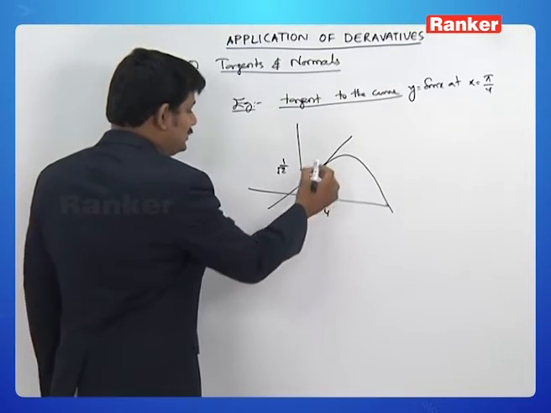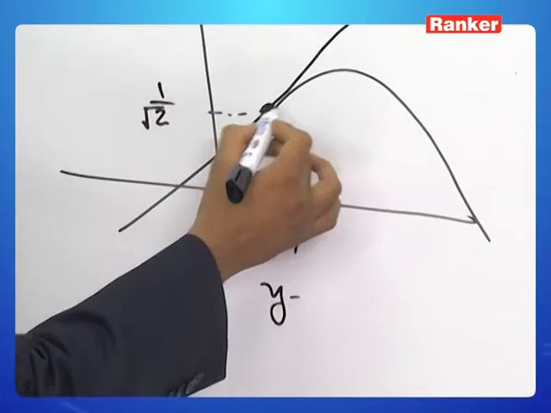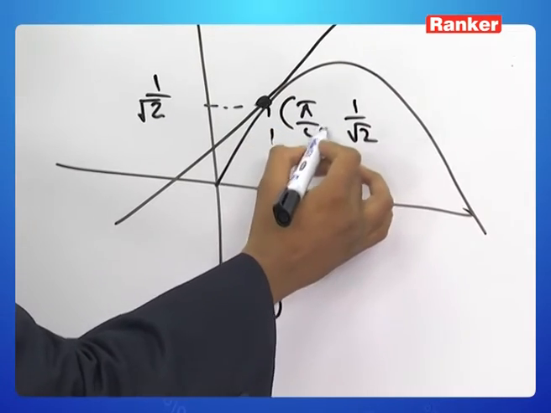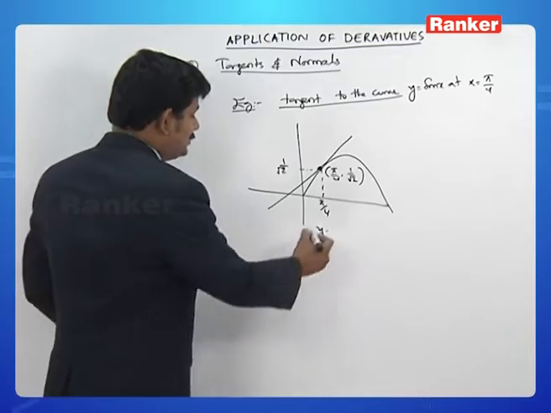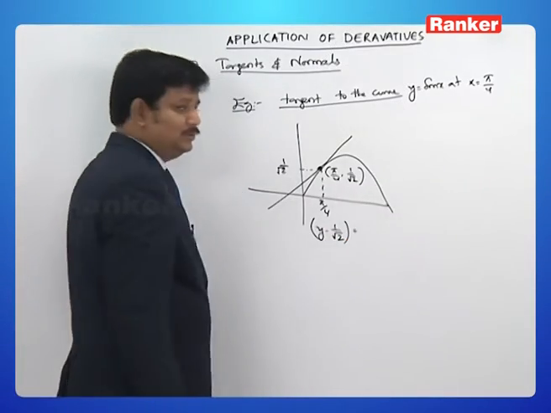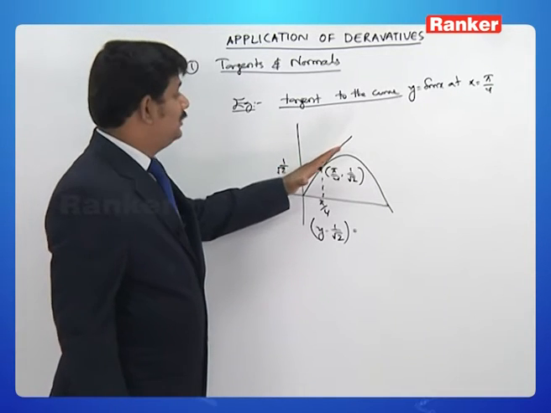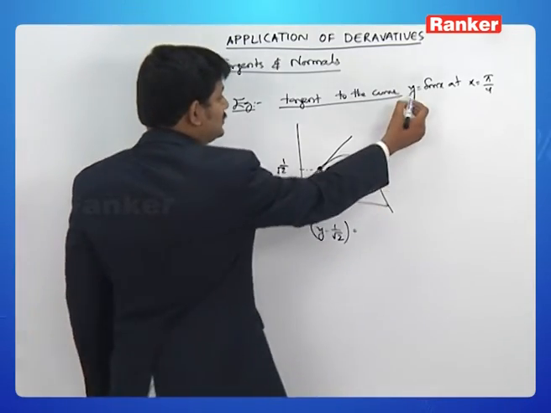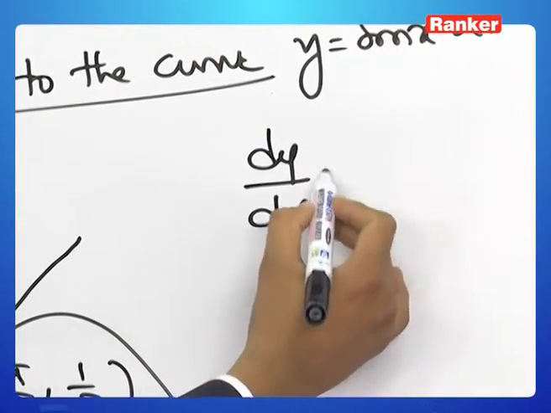So, the tangent equation is given by y minus y1, where the point is (pi by 4, 1 by root 2). The y coordinate at this point is 1 by root 2, is equal to m. M is the slope of the tangent line, and for the slope of the tangent line we use differentiation. The slope of the tangent line is given by dy by dx, f dash of x.